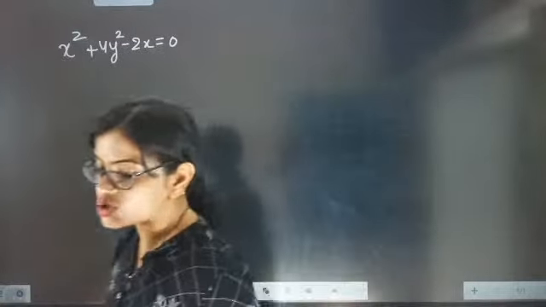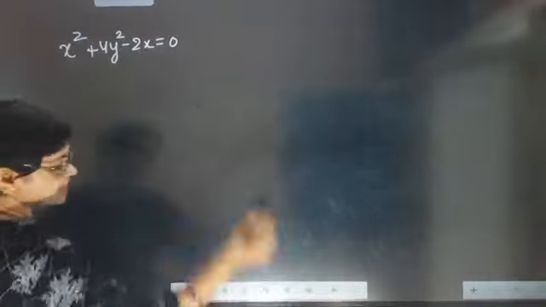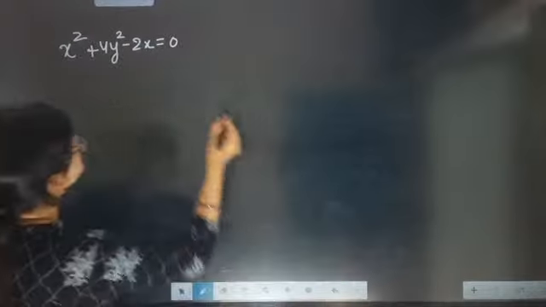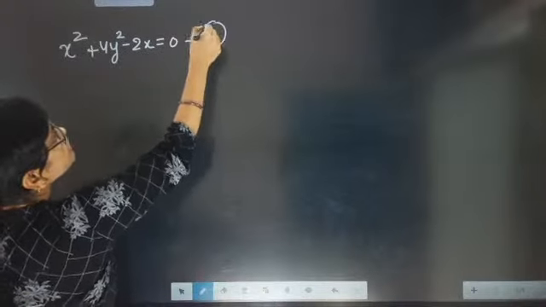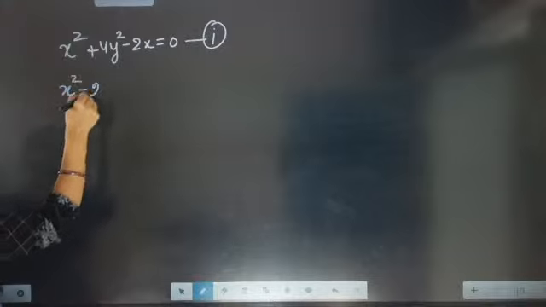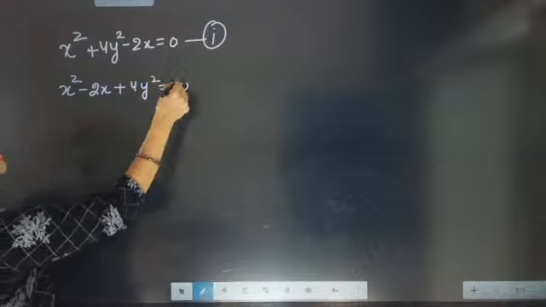Now the first work is to convert it into standard form. One by one I am going to discuss this part. So now x square minus 2x plus 4y square equal to 0, beta.